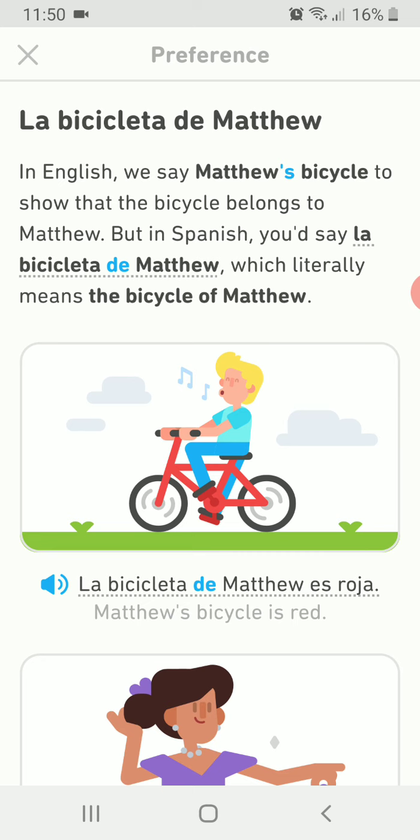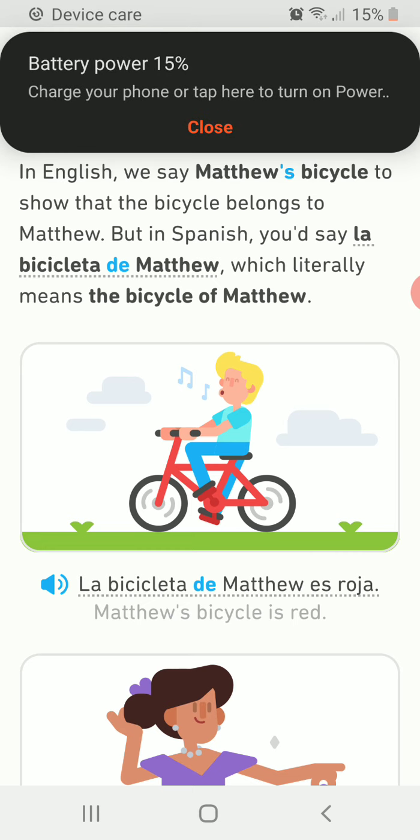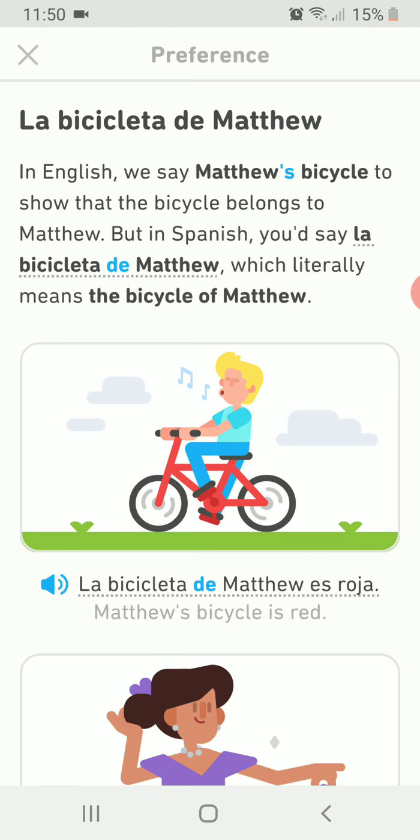As we know, apostrophe s is the possessive form, whereas of is a preposition, and it just shows the relationship between Matthew and the bicycle, two nouns. So this is more like a genitive form, or the genitive case, more precisely.